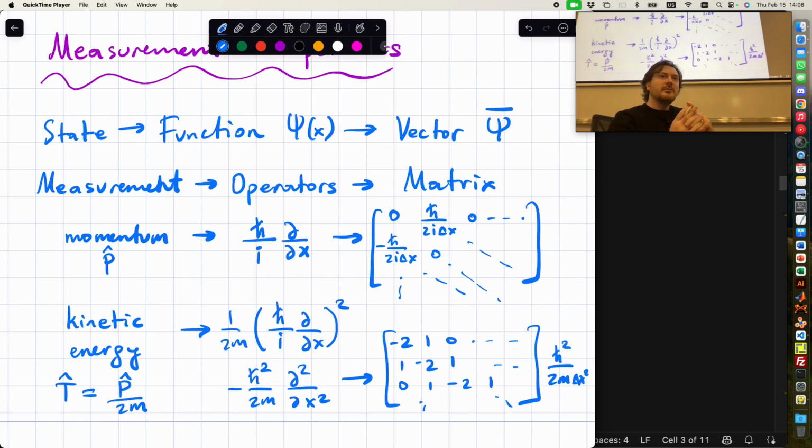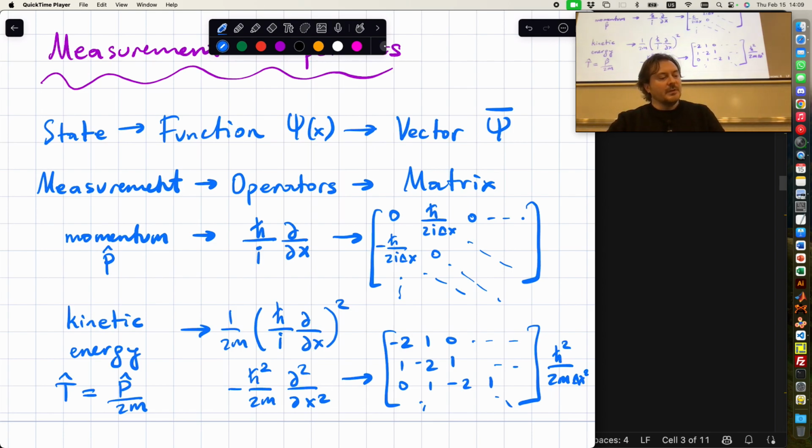Explain both momentum and kinetic energy, the matrices inside, using the equations, and take their first order. Yes, so measuring kinetic energy has something to do with taking the second-order derivative of the wave function, and it is really a matrix.